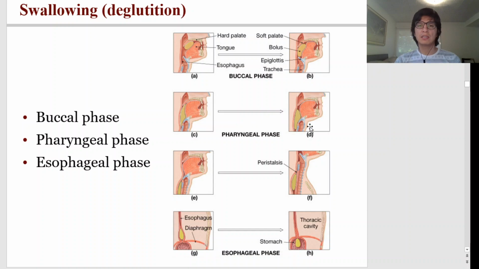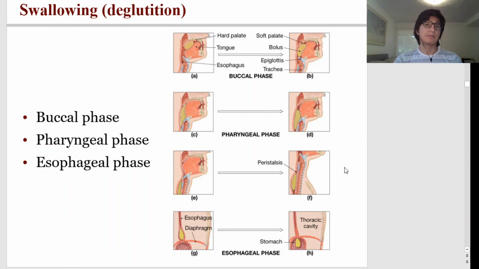Your pharyngeal phase involves the elevation of the larynx in order for the epiglottis to cover the opening towards the larynx and the trachea, and at the initial portions of the esophagus you have skeletal muscles that aid in the initial swallowing event.